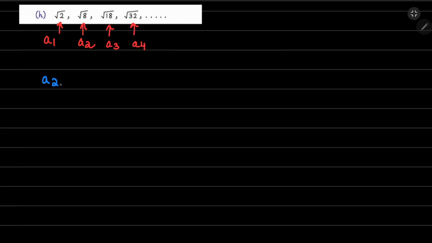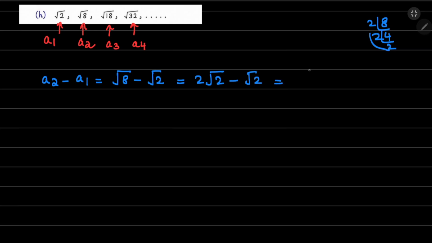So let's calculate what is A2 minus A1, root 8 minus root 2. What is root 8? So when you do a prime factorization, 2 4s are 8, 2 2s are 4. You can write it as 2 root 2. So root 8 is nothing but 2 root 2 minus root 2, which is just 2 minus 1, 1. It's just root 2.